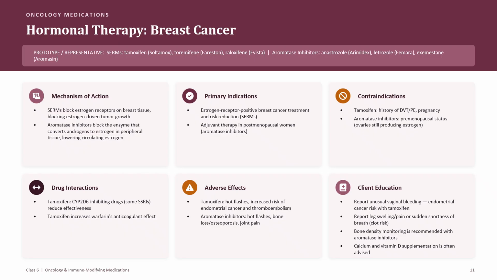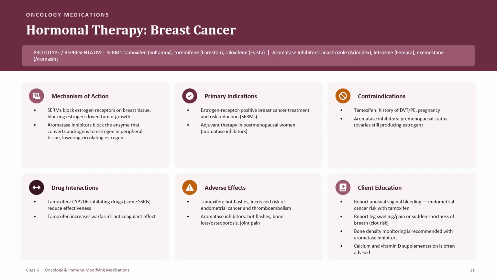For adverse effects, I want you to notice the pattern instead of memorizing two separate lists. Tamoxifen's biggest risks are things tied to estrogen still floating around, causing trouble elsewhere. So endometrial cancer, blood clots.